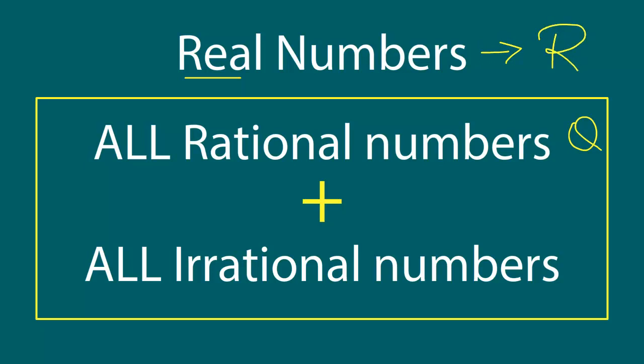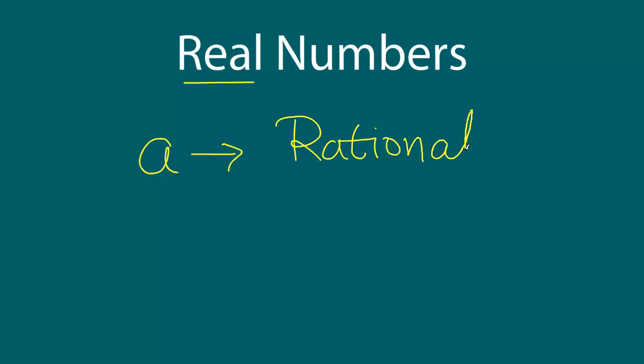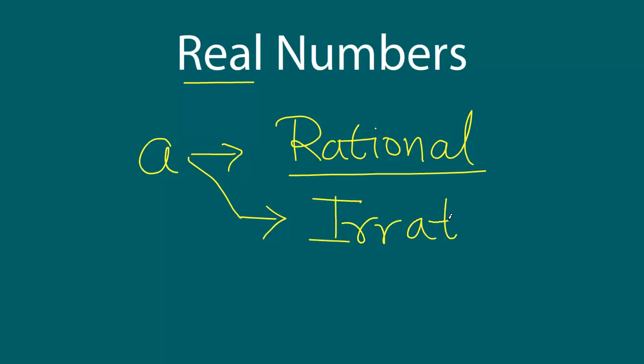So if I were to tell you that A is a real number, I just want to make sure that you do not automatically assume that A is a rational number, because A can be a rational number, but A can also be an irrational number.